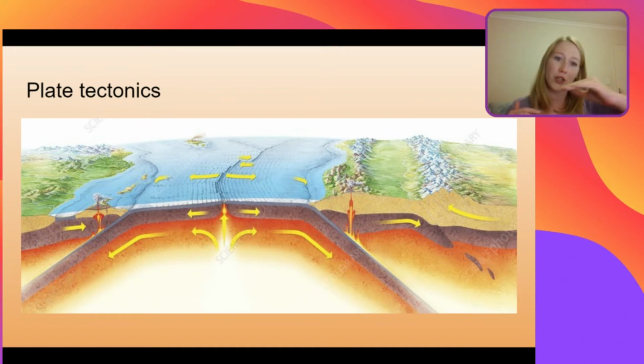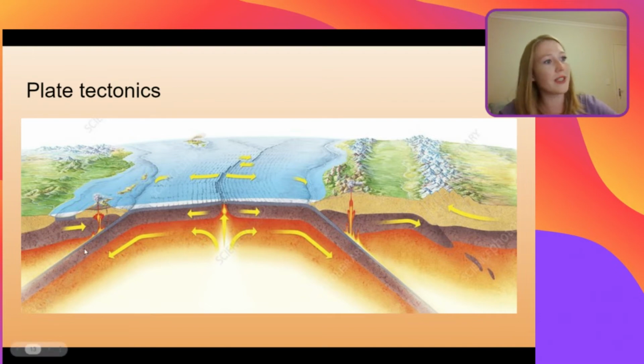There's so much friction from that convection current that it pulls the crust in opposite directions. And as it pulls it, it can collide into another plate. That collision is your converging boundary.